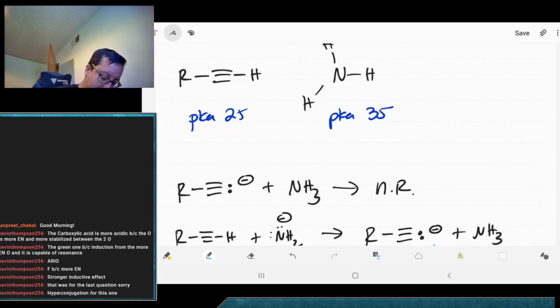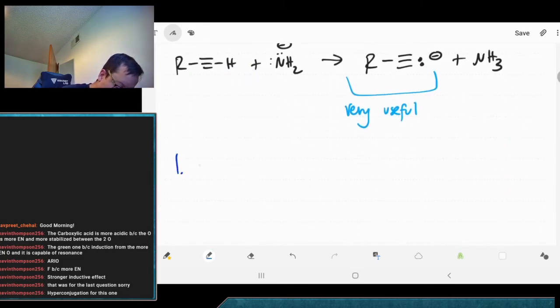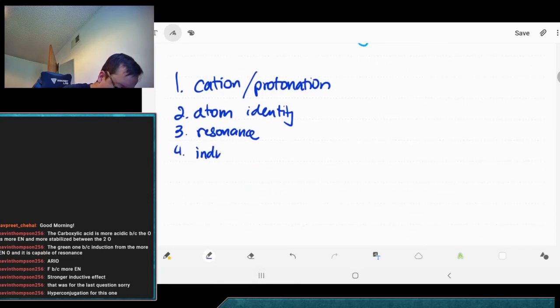Anyways, let's just summarize this now. What was the second one? Atom identity, resonance, induction, and then orbital type. These are the 5 factors.